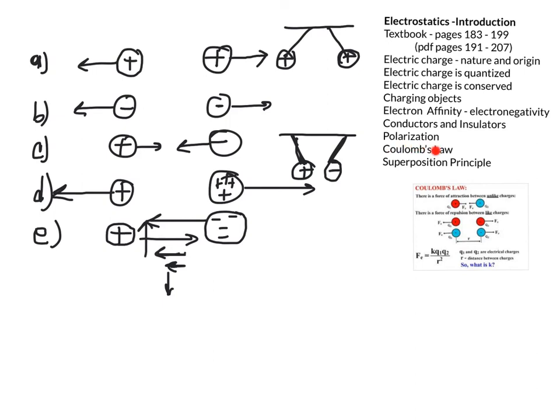And the last thing, the superposition principle, just says that if you have two force vectors, the result is just the superposition or the addition of those two vectors. When you introduce a second charge, that introduces another vector. It has no effect on this vector. That's the idea of superposition.